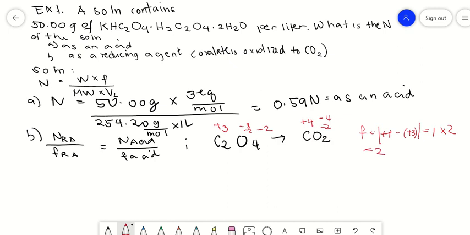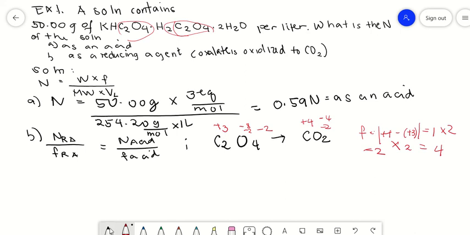However, how many oxalates do we have in tetroxalate? 1 oxalate and another oxalate. The 2 is not included there. So the factor now would be 2 times 2 is equal to 4 as a reducing agent.